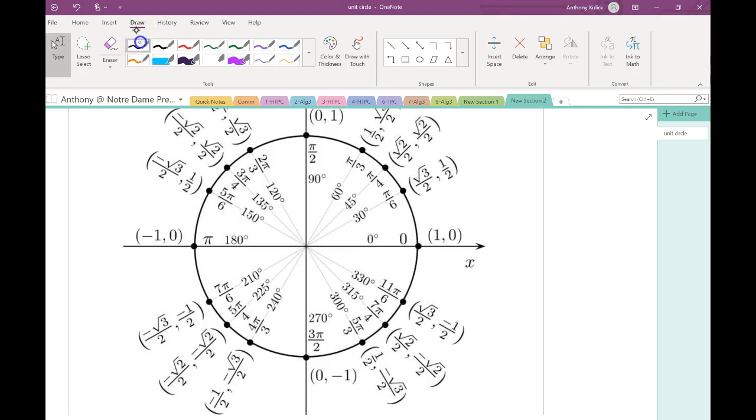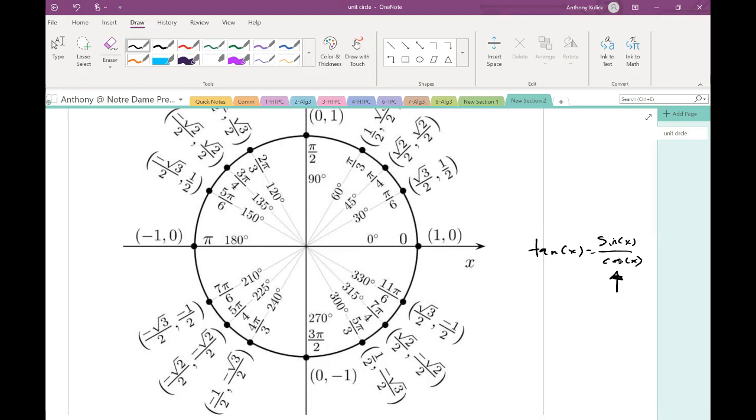So tangent is undefined when cosine is equal to 0. You guys remember? Cosine is correct. Remember that tangent is sine over cosine, and we get something undefined whenever the denominator is 0.